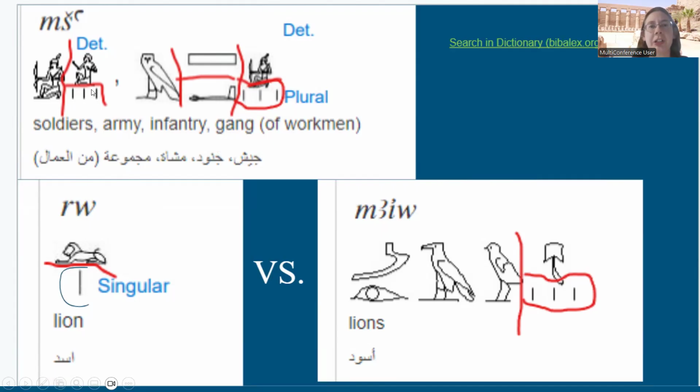So these three dashes, even if you don't know exactly how to read this particular word, are one of your clues that one of the possibilities for this word is that it's a plural noun of some kind.